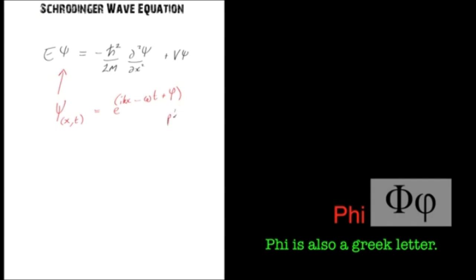Psi equals e to the i(kx minus omega t) plus a symbol that looks like psi, but it's called phi. It's another Greek letter, phi. Okay. So it looks quite complex, but this is the wave vector equation, or the wave function, if you will, that we're interested in.